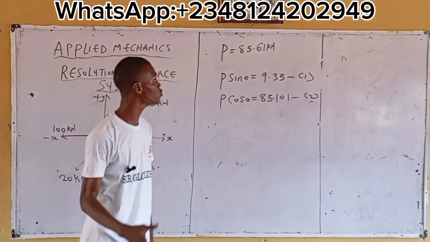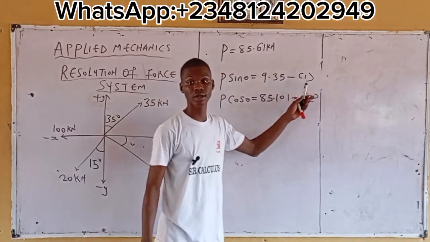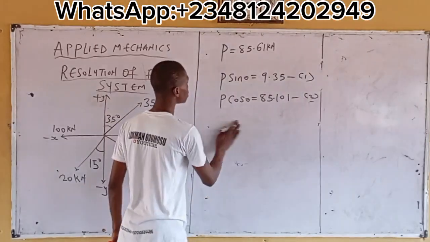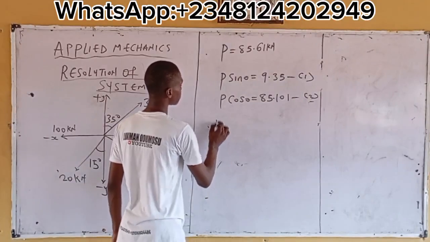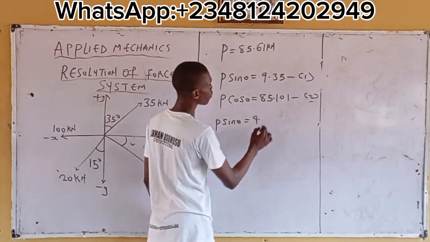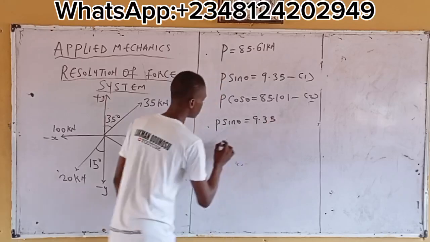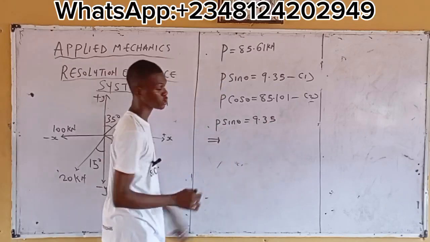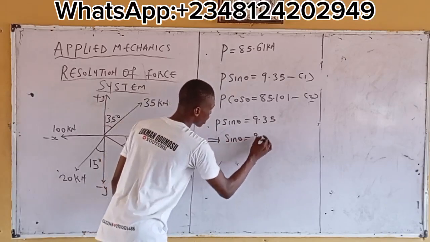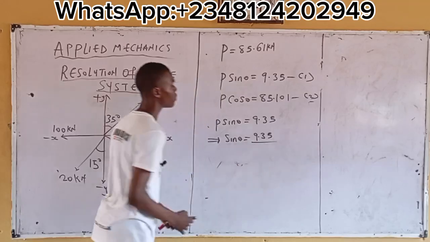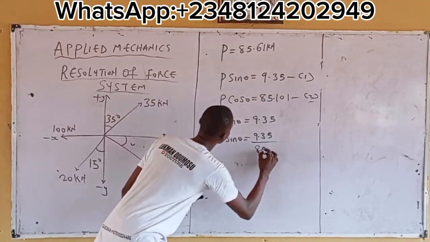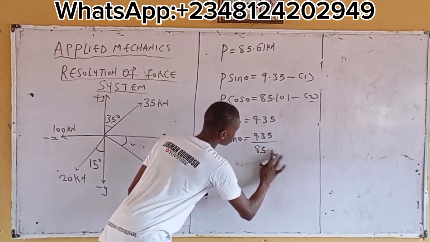Now, to get your angle, you can make use of either equation 1 or equation 2, right? Using equation 1, we have P sine theta is equals to 9.35. It implies, make sine theta the subject of the formula, meaning sine theta is equals to 9.35 divided by P. What is the value of P? 85.61.